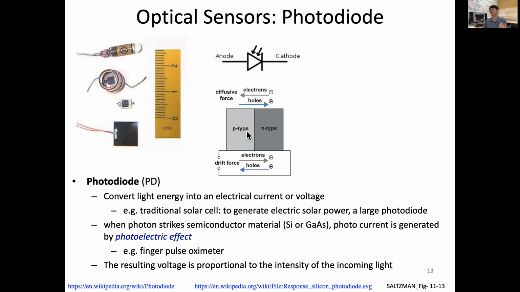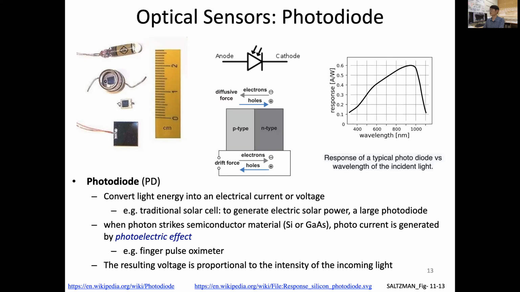So this is more of an inside look at the photodiode. There are P types and N types. In N types, there are electrons. In P types, there are holes, and you can put a bias voltage, and external light will create a photocurrent. I want to show an exemplary data sheet dependent on the wavelength for a silicon photodiode.